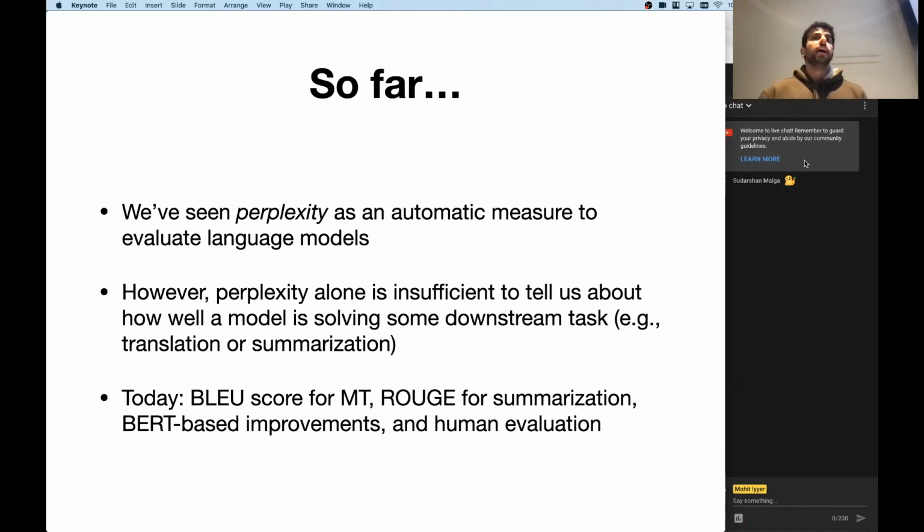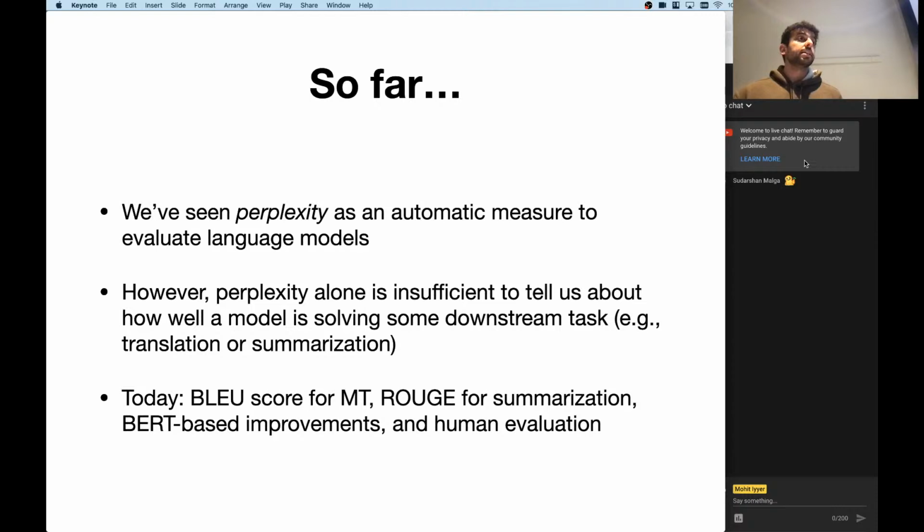So far, the only type of evaluation metric that we've actually talked about is perplexity. So remember that perplexity is a way to automatically evaluate a language model, and you compute perplexity. It's basically a function of the probability a language model assigns to some text data, right? So a low perplexity means that the model is doing a good job of modeling the data that you put in.